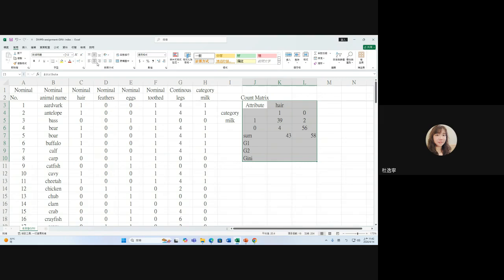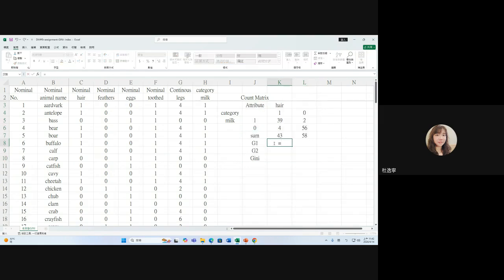And then next step, we will use the Gini. So this is the Gini 1, the Gini 2. Here, we will use E39 divided by total, and square.